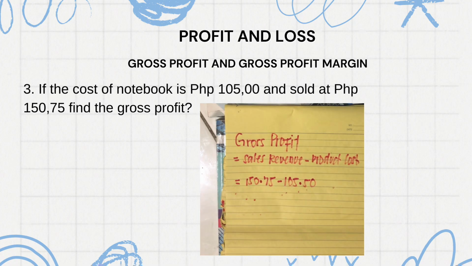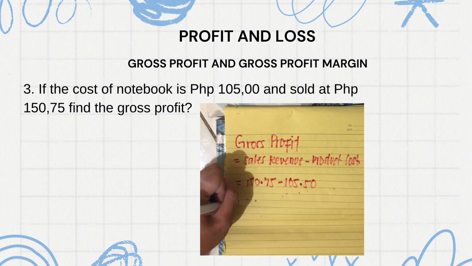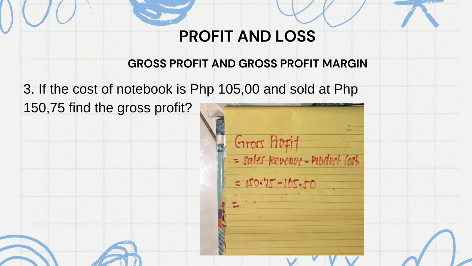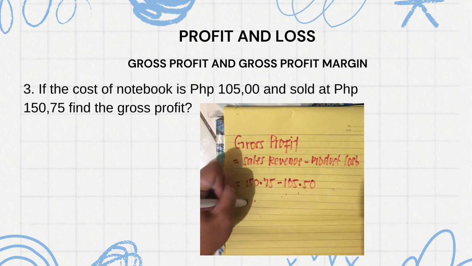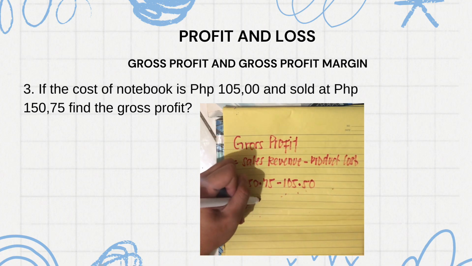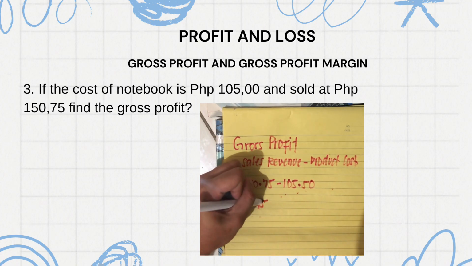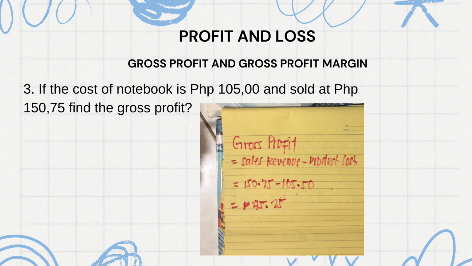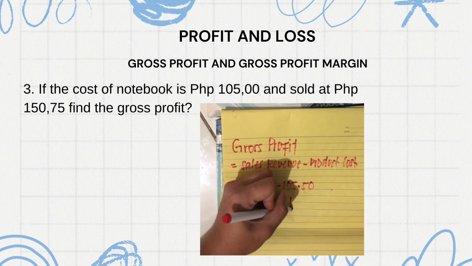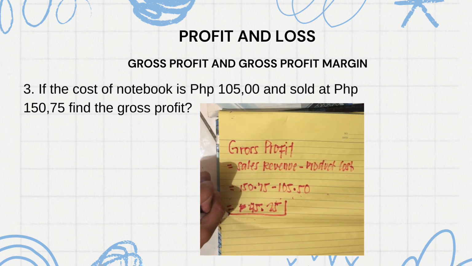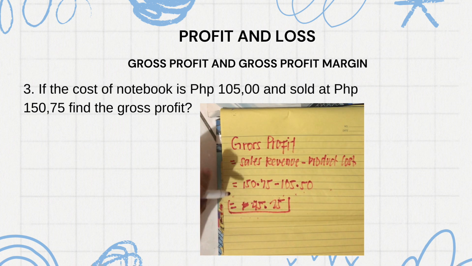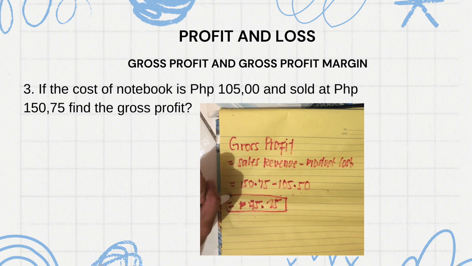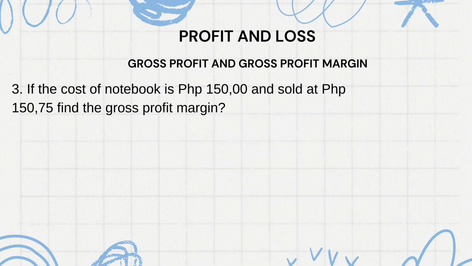So, the final answer is 45.25. This is the gross profit. And now, the next is the gross profit margin.